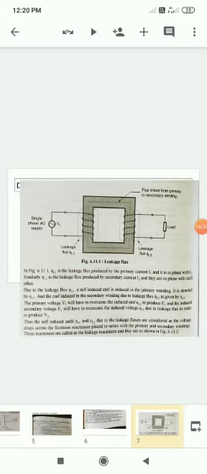But whenever we apply voltage to the primary coil, some flux also links with the core, or some iron core, of the transformer. Look at the diagram where the leakage flux phi L1 is shown.